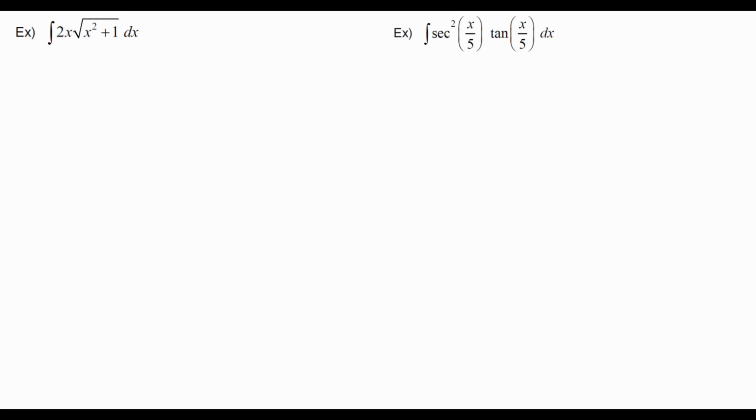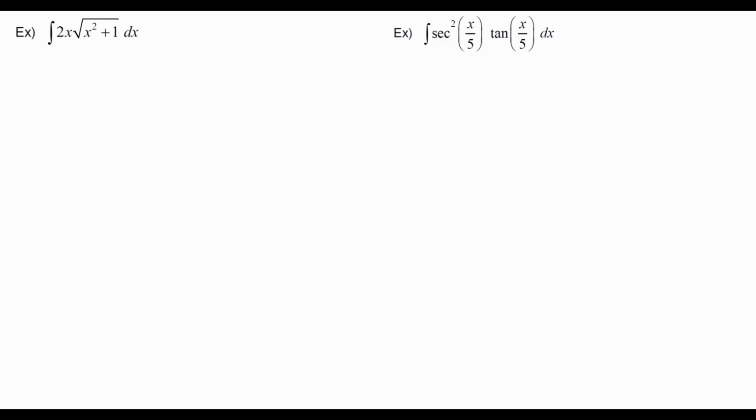Let's do a couple more examples. Integral of 2x square root of quantity x squared plus 1 dx. Which one is the composite function? It is very obvious, right? It's a square root of x squared plus 1, and the inner function of that is x squared plus 1.